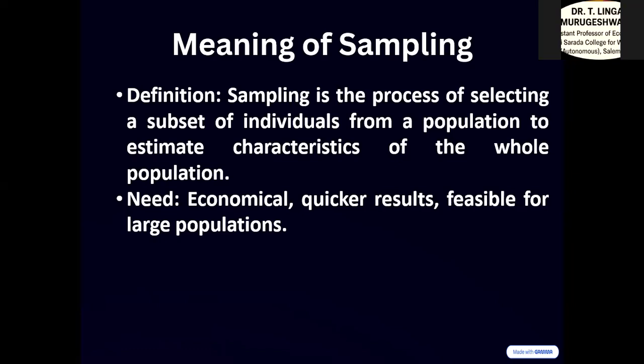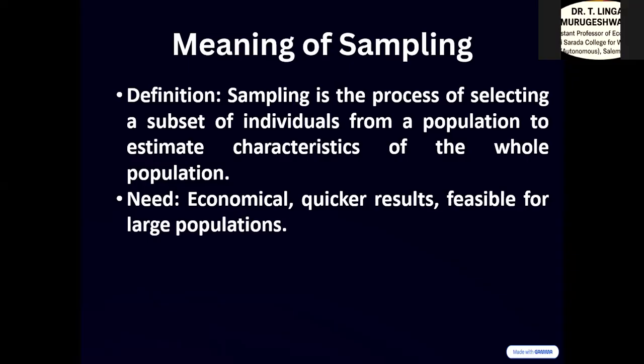Imagine trying to survey every household in India about their monthly income. That's a logistical nightmare. But if we select a carefully chosen sample, we can still gather data that is statistically meaningful, representative, and actionable.